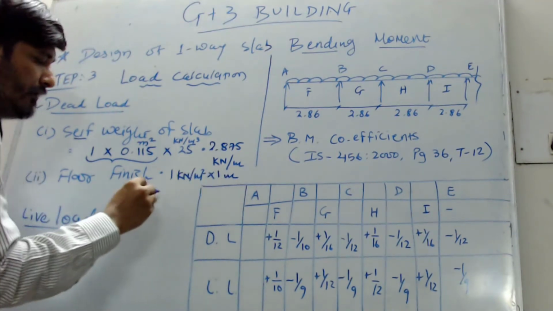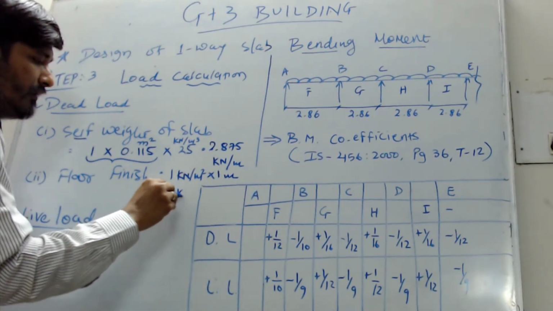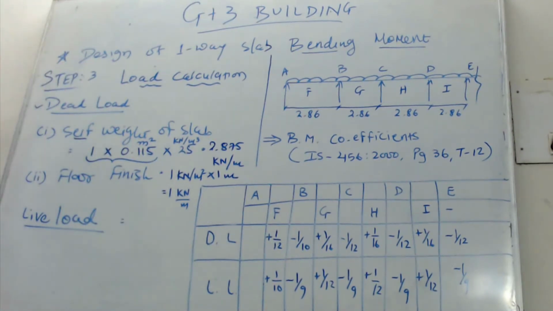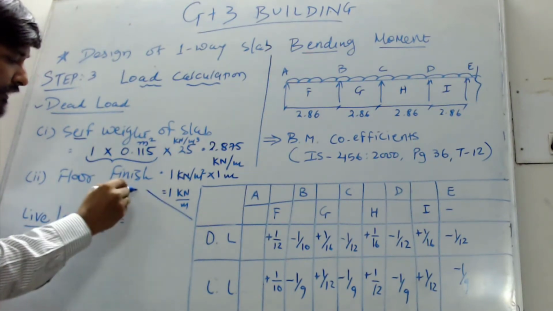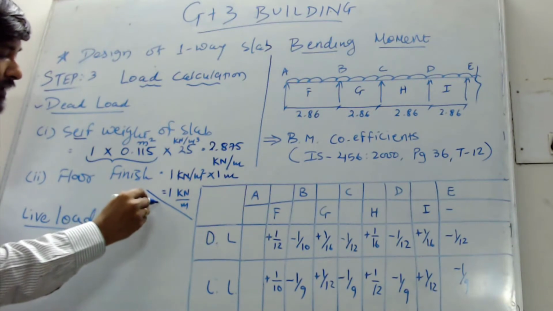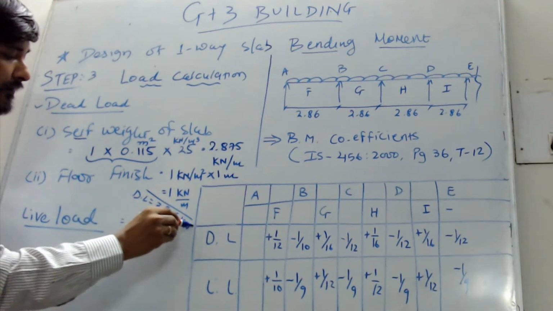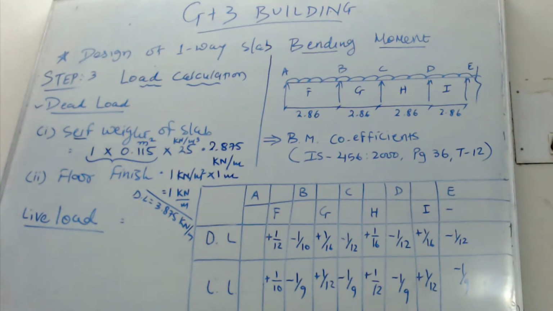This comes out to be 1 kilonewton per meter. So this is my floor finish load. If you do the total of both of these, total dead load will be 3.875 kilonewton per meter. This is total dead load, 3.875 kilonewton per meter.